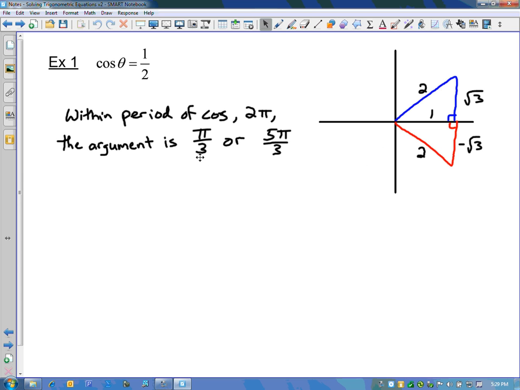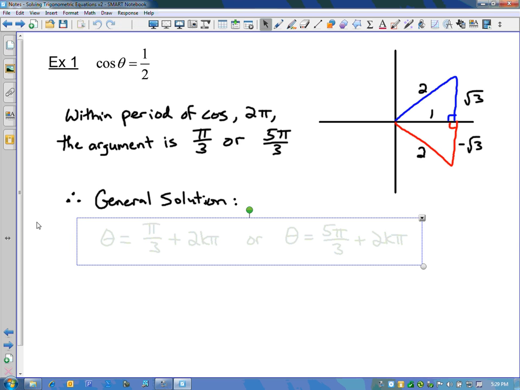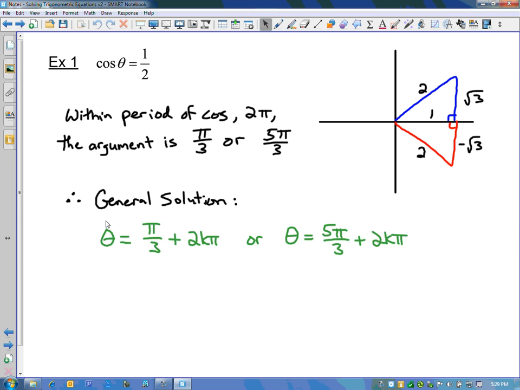So therefore, once we know those two values, we set up our general solution: the argument is equal to the angle plus that periodicity. Or in other words, the argument, which is theta, is equal to the angle plus 2k pi, or the argument is equal to the other angle plus 2k pi. We have two possibilities here.